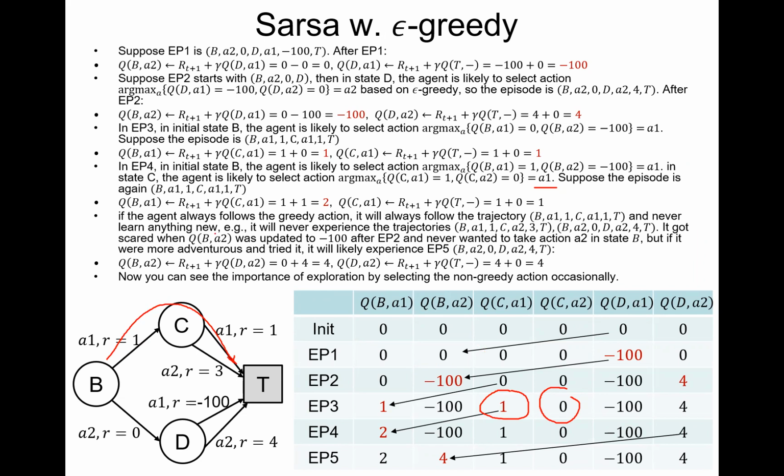So now you update your QBA1 from QCA1, which is 2, this bootstrap. QCA1 is bootstrapped off the terminal state, so it stays the same as 1.